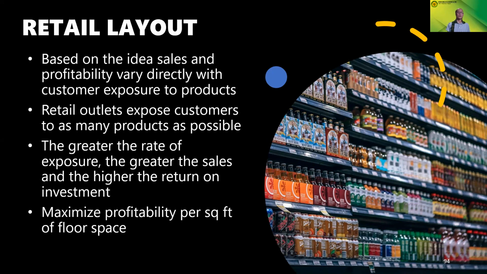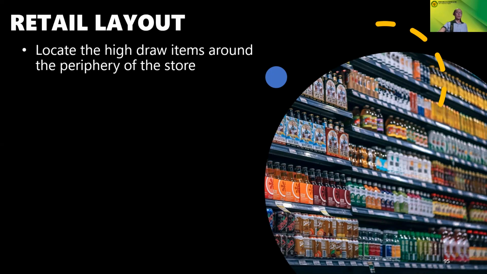Studies show that the greater the rate of exposure, the greater the sales and the higher the return on investment. Thus, the goal in retail outlet is to maximize profitability per square foot of floor space. There are 5 ideas that are helpful for determining the overall arrangement of many stores.